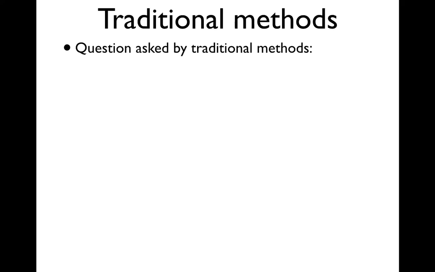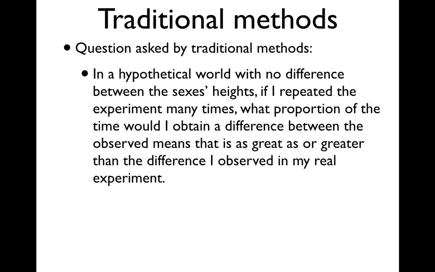The different question asked by all traditional methods that you're using even now is this one: in a hypothetical world with no difference between the sexes' heights, if I repeated this experiment many times, what proportion of the time would I obtain a difference between the observed means that is as great or greater than the difference I observed in my real experiment?